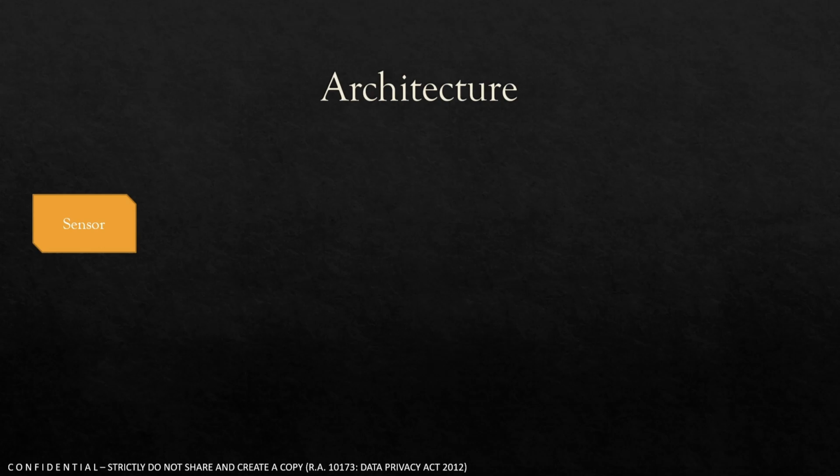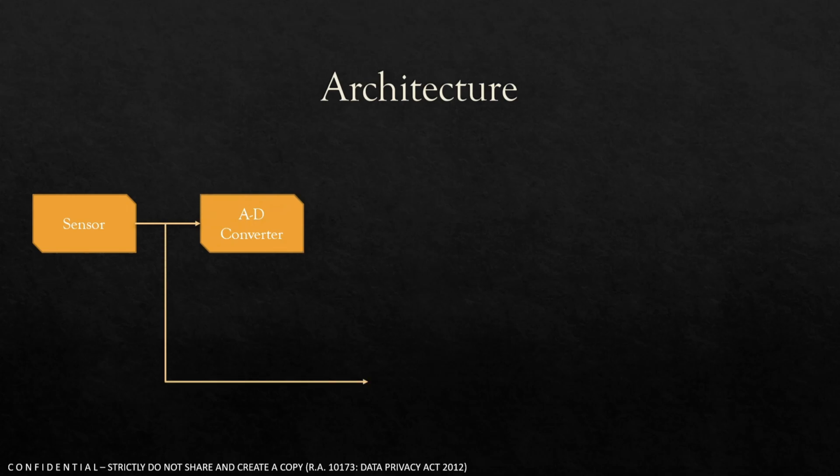Okay, so let's proceed to another, deeper architecture of the embedded system. First is the input side, wherein we have the sensor. The sensor output goes to the analog to digital converter, or it may go to the memory.